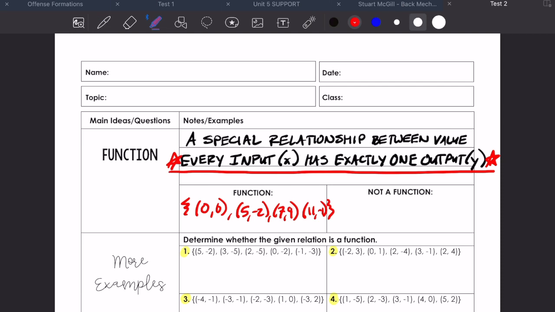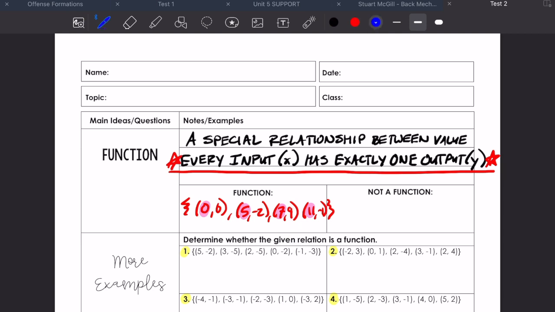I could tell whether or not this was a function simply by seeing if I have any repeated x values. If I have any repeated x values, then it's not going to be a function. So here, the input of 0 has only one output of 6, and the input of 5 has only one output of -2, and the input of 7 has only one output of 9.